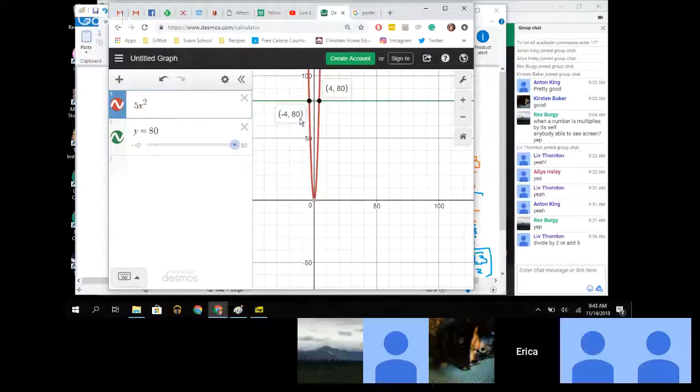When you find out that x is plus or minus 4, that's what that visually means on a graph: these are the two solutions where both are true, where one side equals 80 and the other side is 5x squared. It's plus or minus 4. Okay, does that make sense?